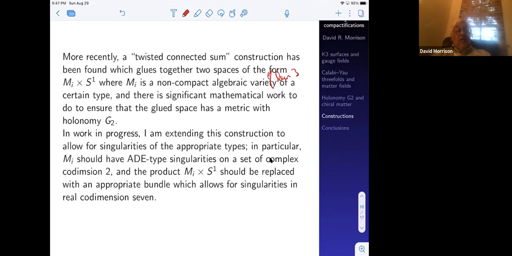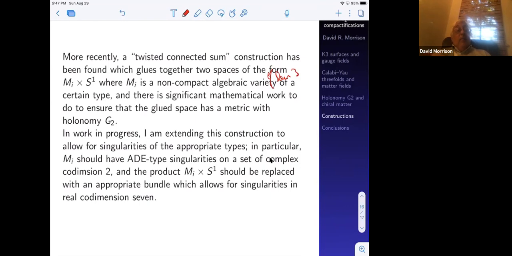I've decided not to try to name them all, but I'm extending this construction to allow for singularities of appropriate types. So the Mi, those non-compact algebraic varieties, Zariski open subsets of Fano threefolds, should have ADE type singularities on a set of complex codimension 2. I'm crossing that with S1, so I'll get the same phenomenon of real codimension 4 in the 7-manifold.